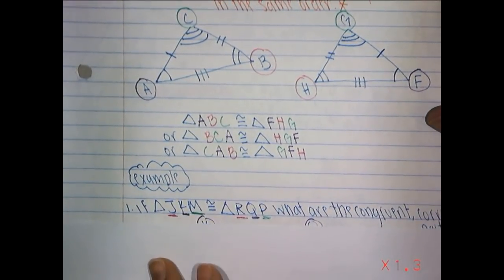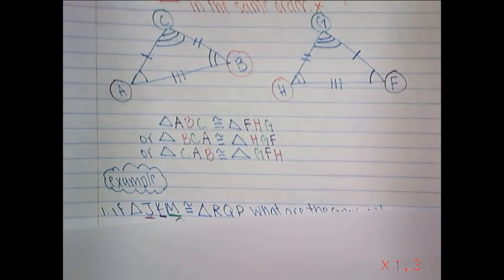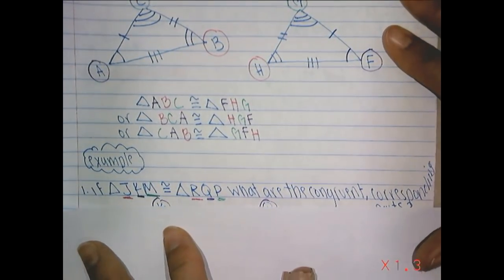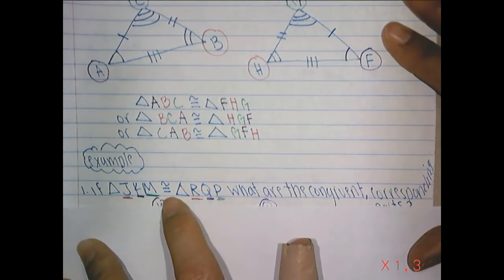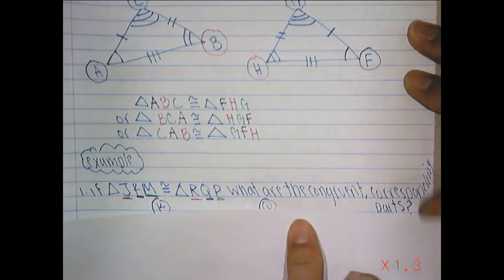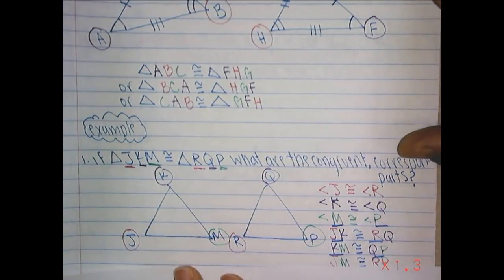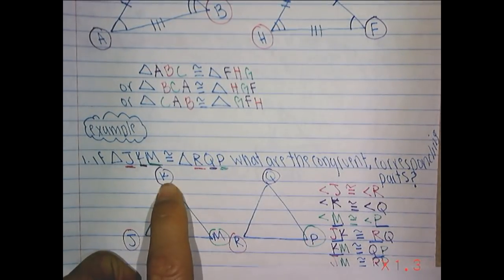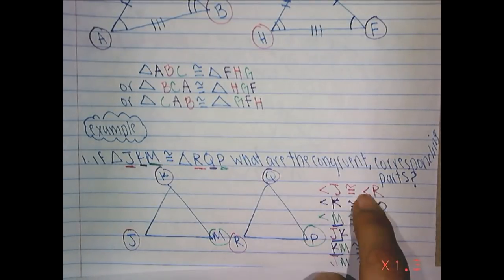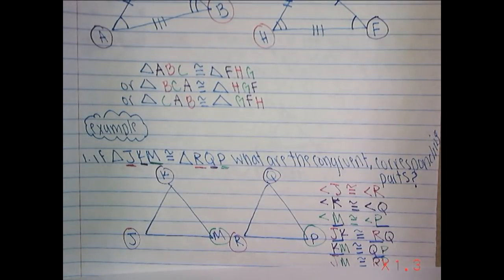So let's do an example here. Let me move this over a little bit so hopefully you can see. I started running out of lines here. If triangle JKM is congruent to triangle RQP, what are the congruent corresponding parts? Well, J is congruent to R because they're both circled and underlined in pink, so those correspond.